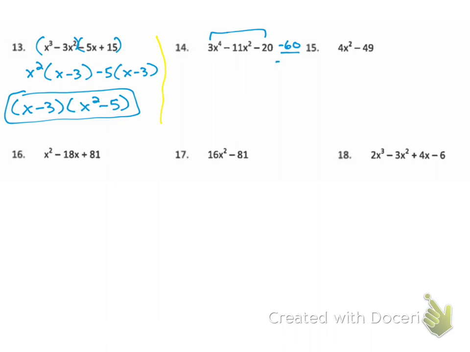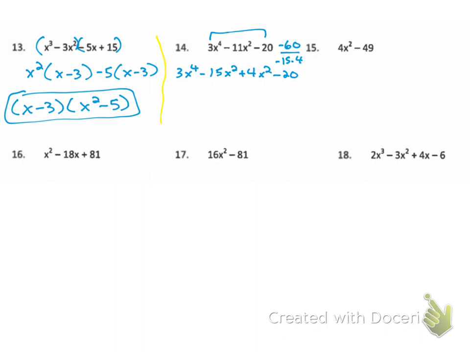All right, so we got negative 15 and 4, right? So we got 3x to the 4th minus 15x squared, and then plus 4x squared minus 20.